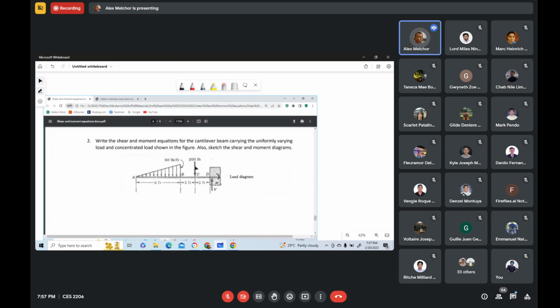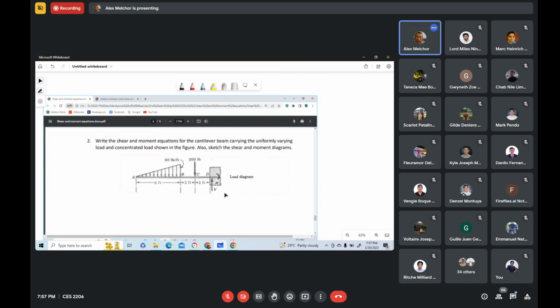You see that these loads will create a moment that is rotating in that direction, counterclockwise. So to balance that, the resisting moment is clockwise rotation.